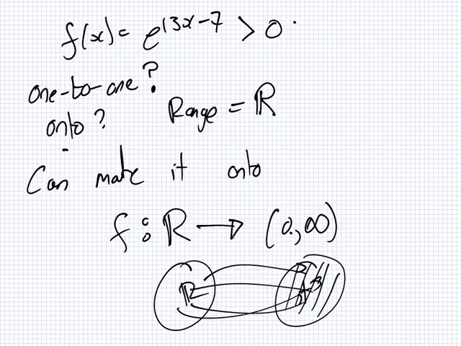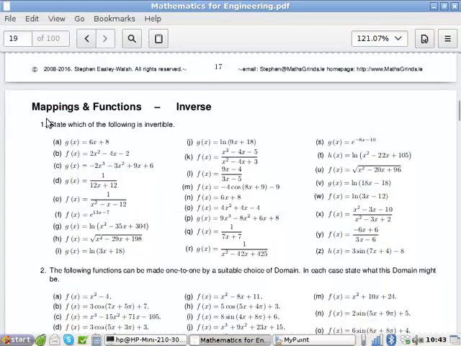So really, you only care about making sure it's 1-to-1. That's the most important condition. And the easiest way often is from the graph. So if you picture the graph, this one, invertible or not? Let's see if we can do these in our head. So A, yes.